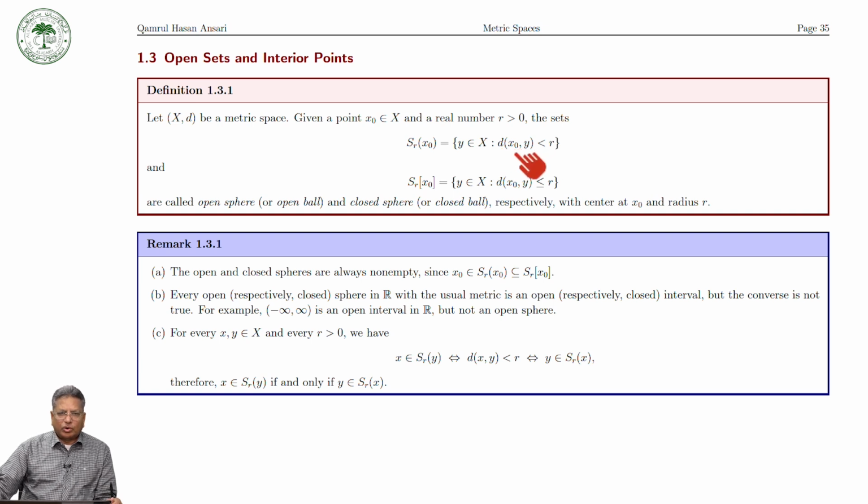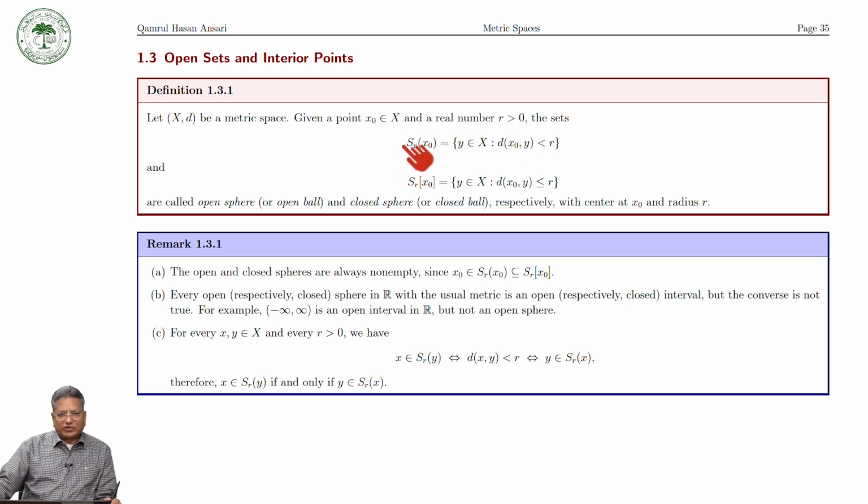That is to say, all the points within the length r from x0, strictly less than r. So these are the points in X whose distance from x0 is strictly less than r. And again we can see here this open sphere.